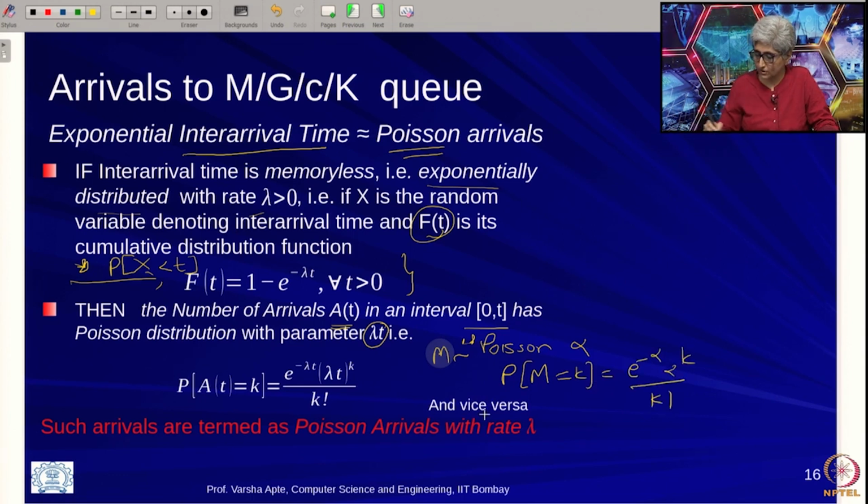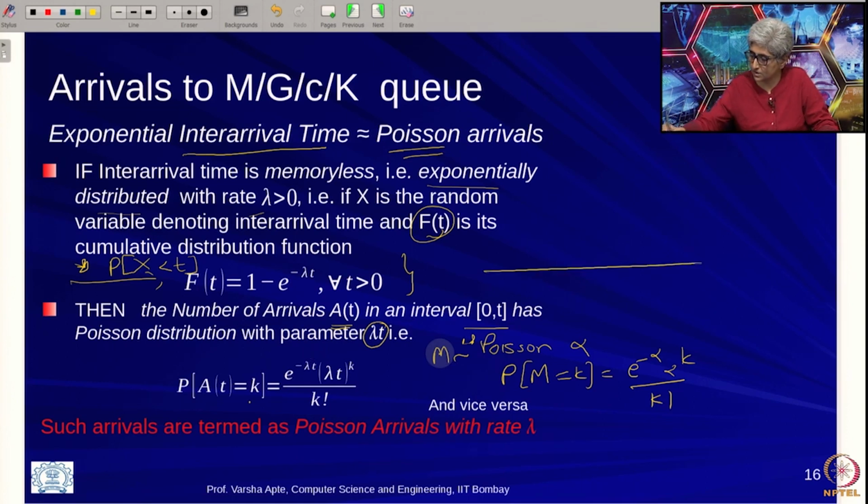So, this is Poisson distribution with parameter lambda t. That says that the probability that A(t) takes the value k is e to the minus lambda t, lambda t to the k divided by k factorial. To repeat, what this property says is that if inter-arrival time is exponentially distributed, then the number of arrivals in an interval 0 to t has Poisson distribution.